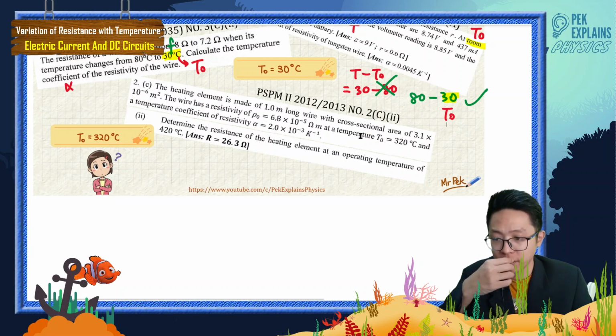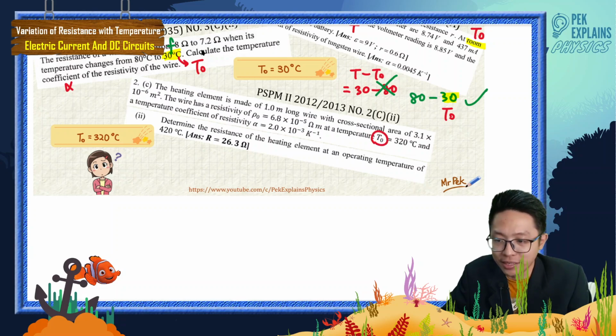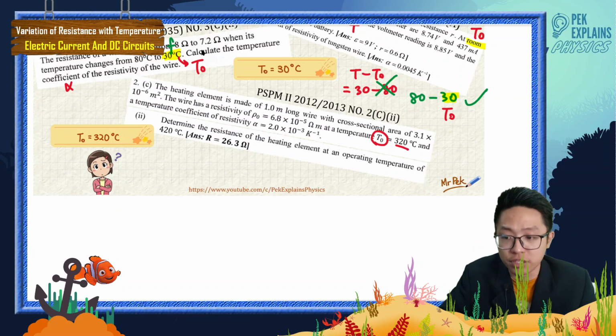So how? There's no room temperature of 20 degrees Celsius or 0 degrees Celsius or 30 degrees Celsius for you to choose. It only gives you these two temperatures, 320 and 420. So how do you do? Since he already mentioned this is T naught, do you see that? He specially mentioned this is T naught.